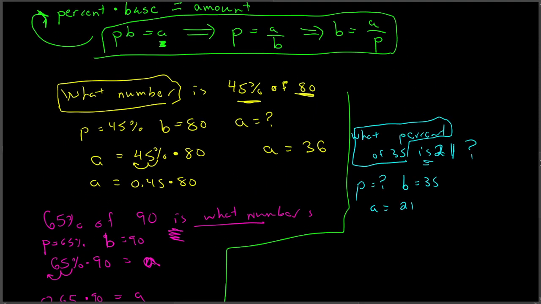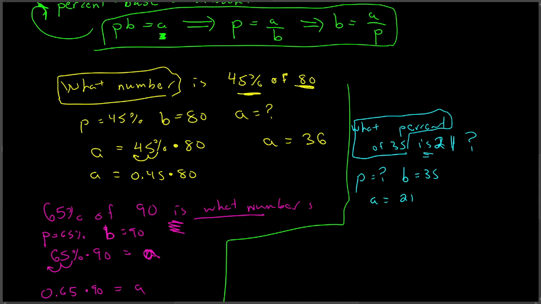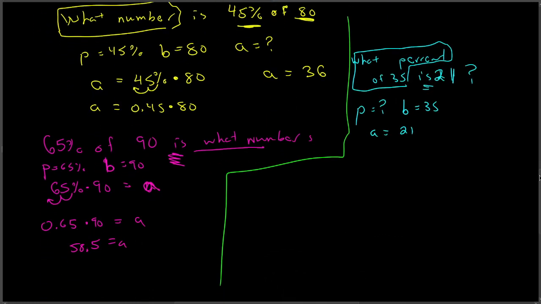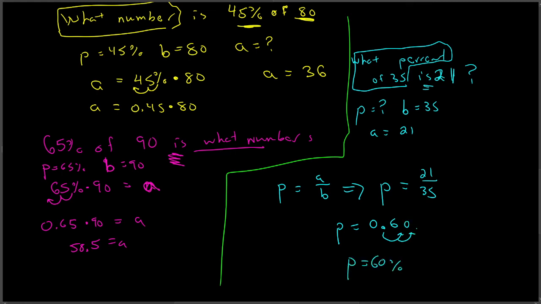Well, if we scroll back up, if I want to find the percent, I'm going to use this form. So P is equal to A over B, which means the percentage is equal to 21 divided by 35. And I'll go to my calculator, and the percentage is 0.6. This is written in decimal form. So to go from decimal to percentage, we move the decimal place over to the right twice, and the percentage is 60%. So 60% of 35 is 21.